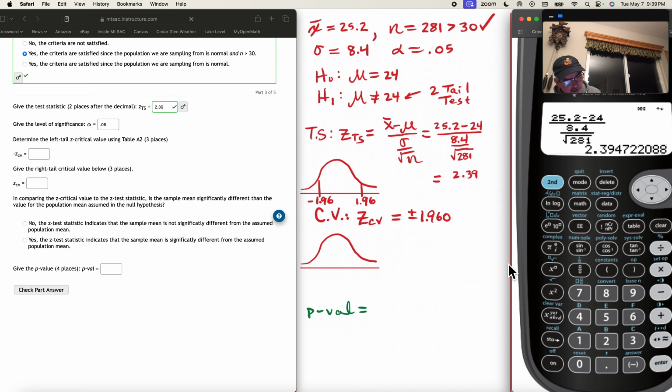Okay, and it looks like our test statistic is out in the right tail again, so that will be considered statistically significant. Okay, so yeah, it's significant.